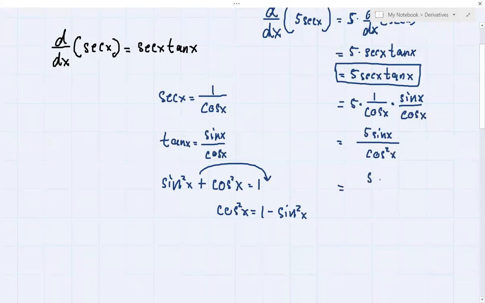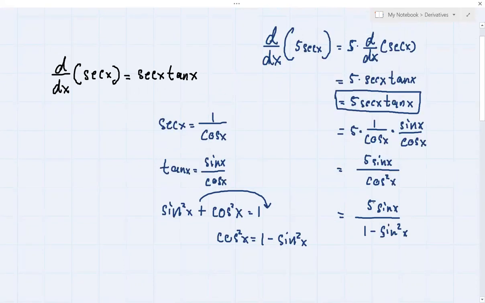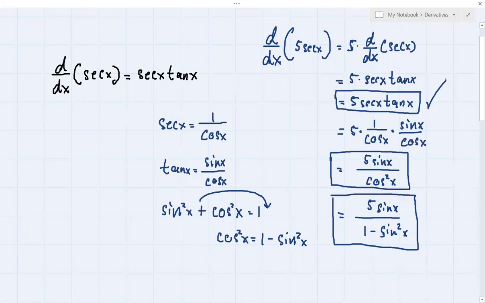Therefore, we have 5 times sine x all over 1 minus sine squared of x. So, 3 answers is still correct. Tama silang tatlo. Pero, syempre, as much as possible, pick the simplest one, which is ito yun. Okay, namarka ko na ng check. Okay? So, yeah, I'm giving you possible options. Okay? Now, let's have one more example.